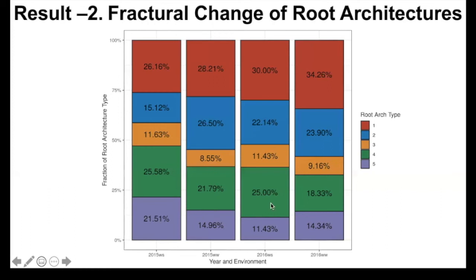In 2016, architecture type 4 decreased from 25% in water stress to 18% in well water. The change of the ratios indicates that in certain environments, the population may prefer a specific architecture type. Interestingly, architecture 1 remains the dominant architecture type in 4 conditions.